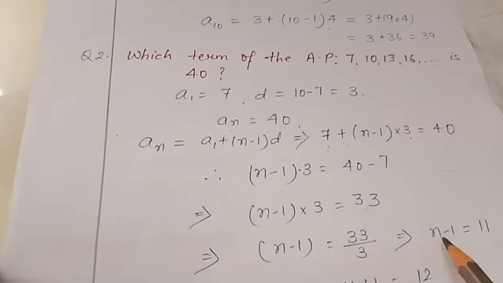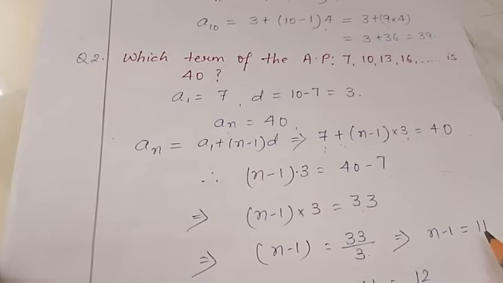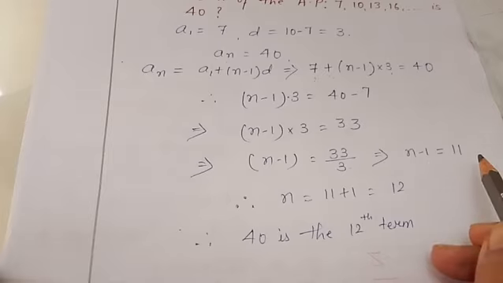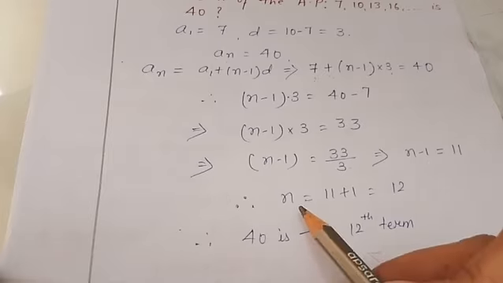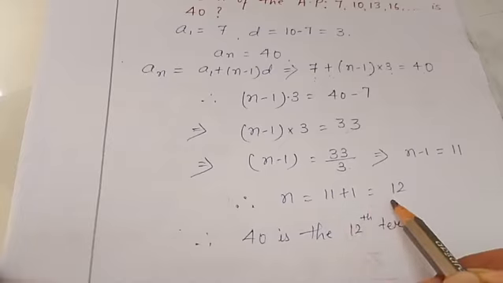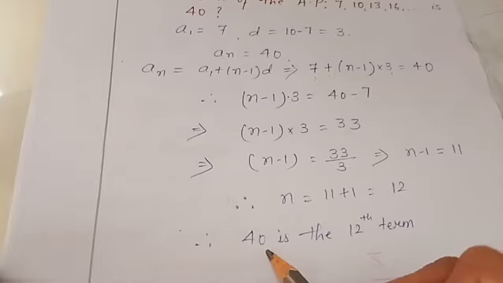This implies n minus 1 is equal to 11. Move 1 to the other side so that n is equal to 11 plus 1 is equal to 12. Therefore, 40 is the 12th term.